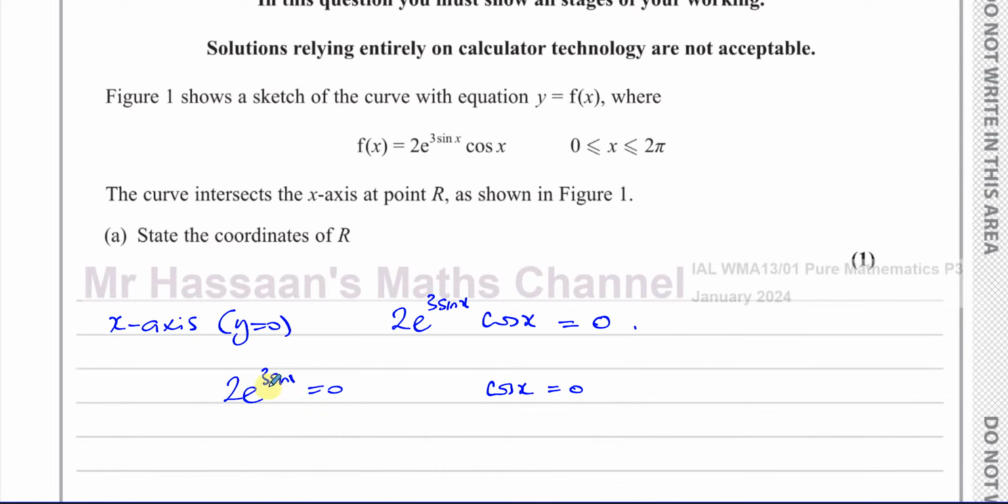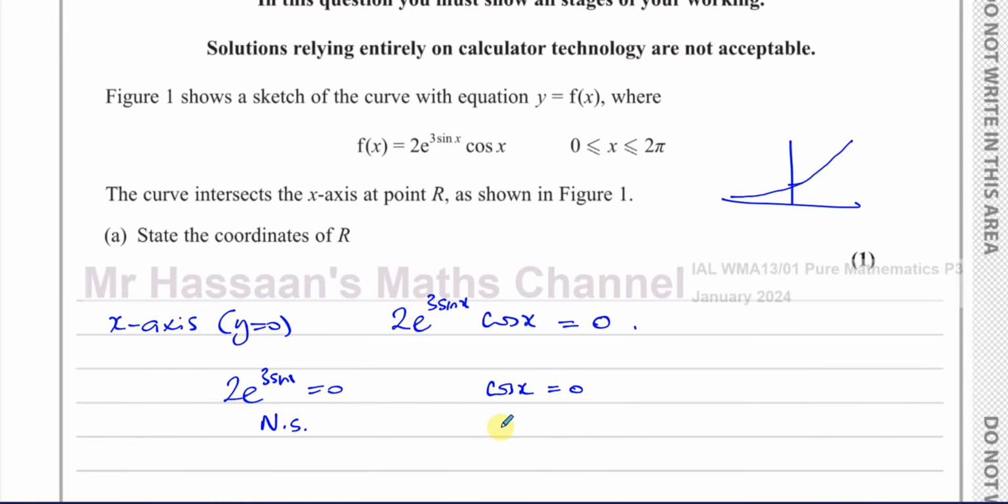For the first, there will be no value. E to the power of something will never be 0, because it's an exponential curve. It will never touch the x-axis. So there's no solution to this part of the equation.